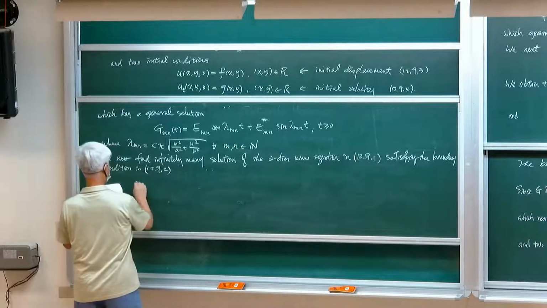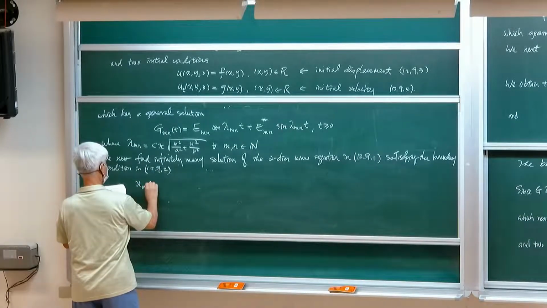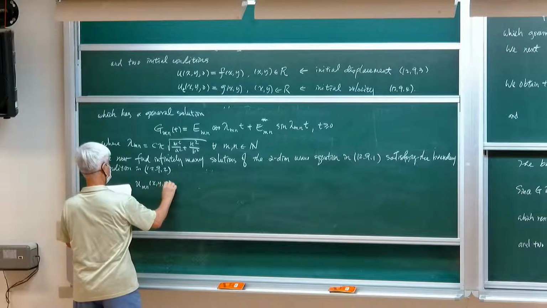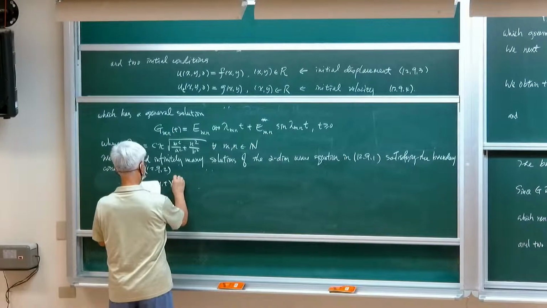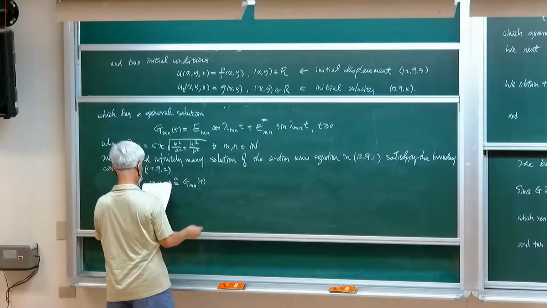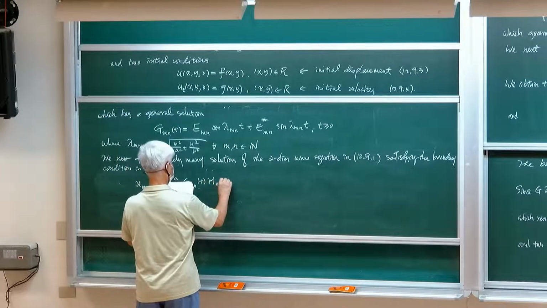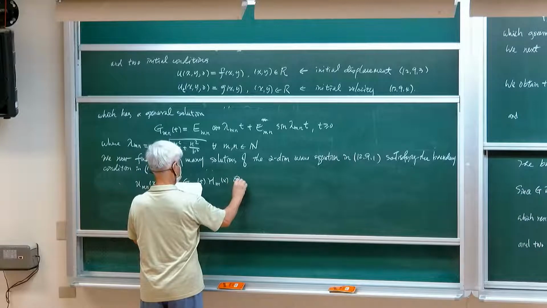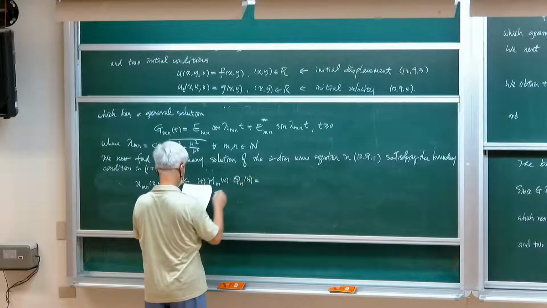So we have u_mn(x, y, t), which is defined to be G_mn(t) H_m(x) Q_n(y).